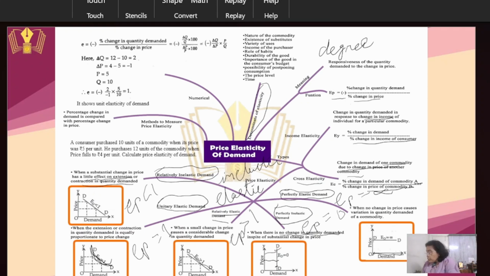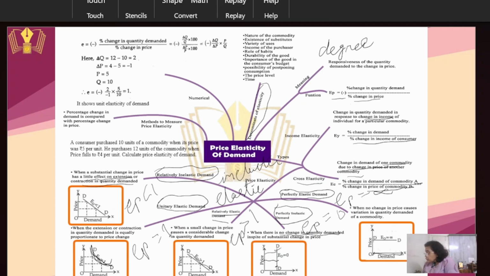Then durability of the goods. If the goods are more durable, what will the elasticity of demand be? Durable goods usually have low elasticities of demand. Why? A change in the price would not affect demand very much, because most consumers will not buy a new piece of furniture until the old one is totally worn out.